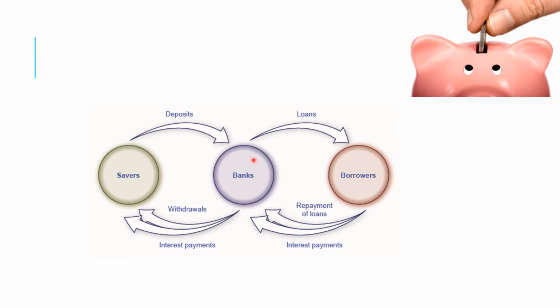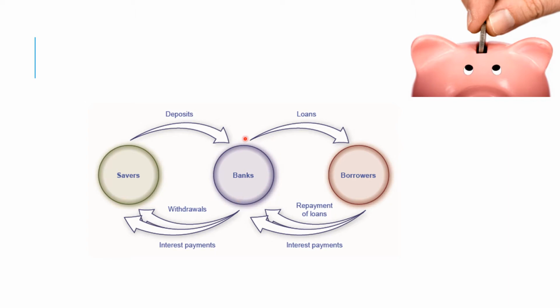A bank in turn will lend that money out in the form of loans to borrowers. A bank will charge a borrower interest on top of repaying the loan to make a profit. And to reward the savers for giving the bank their money, the bank will credit the savers with an interest payment that increases their savings.